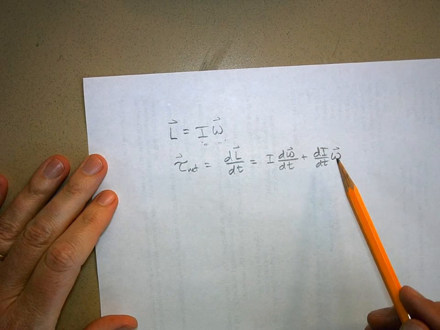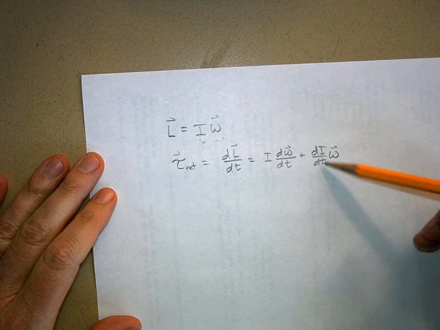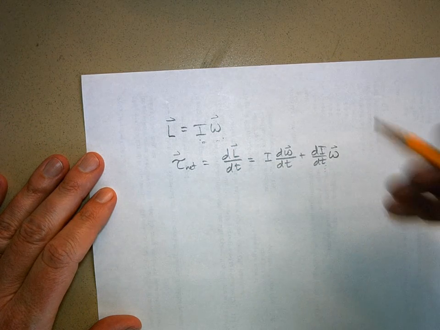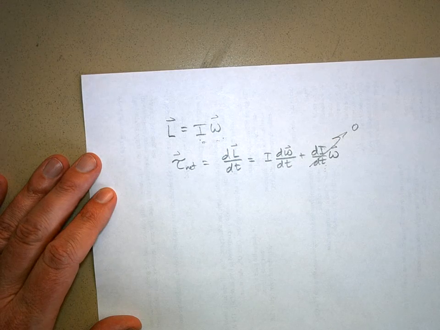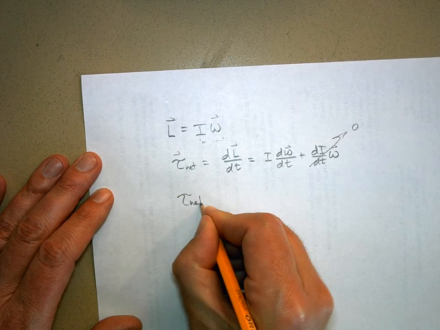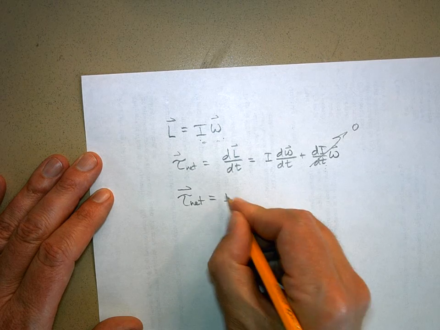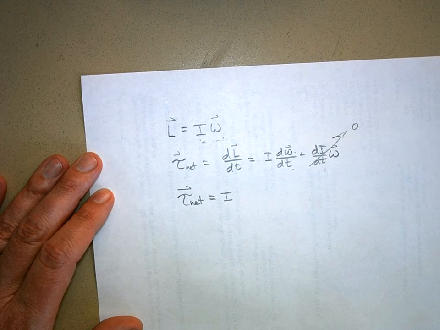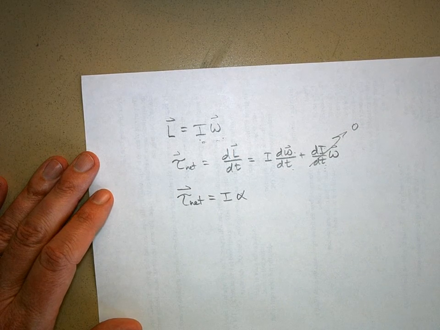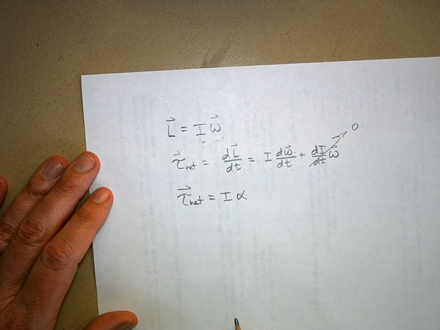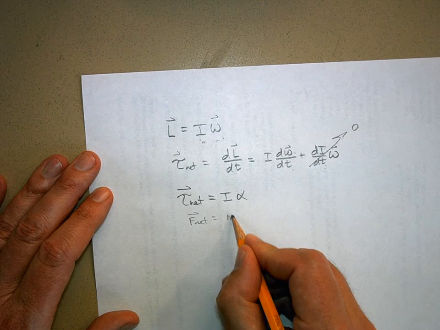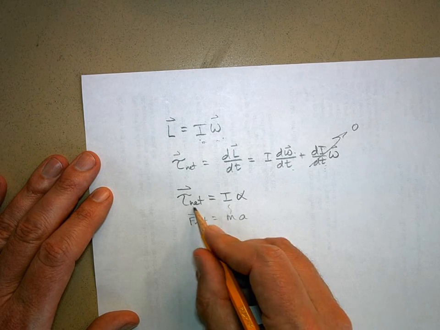A rigid body means it's not changing shape, so I stays constant, and so this goes away. And so the net torque equals I, and what is d omega dt? I alpha. That's the angular acceleration, which makes sense. This is the net force equals mass times acceleration, right?